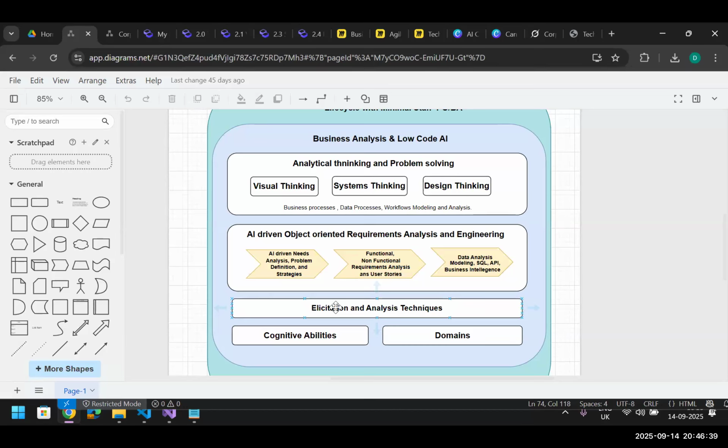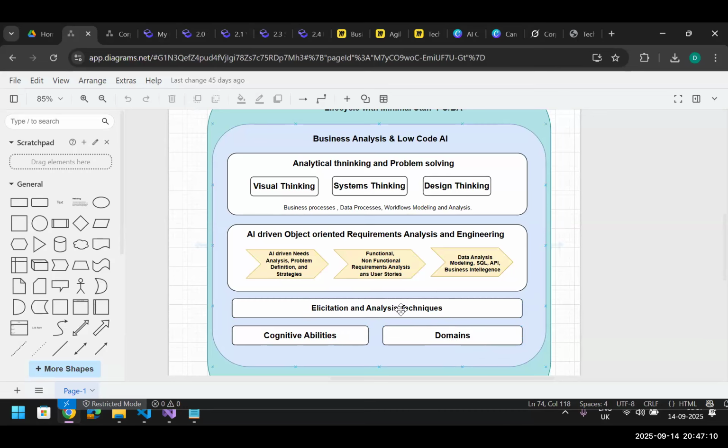Another thing is the domain, because if you're talking about a BA, they ask about domain. But today, exploring a domain and gaining knowledge is very easy. We have tools like AI, and we can explore any domain, whether healthcare, insurance, financial, or banking.